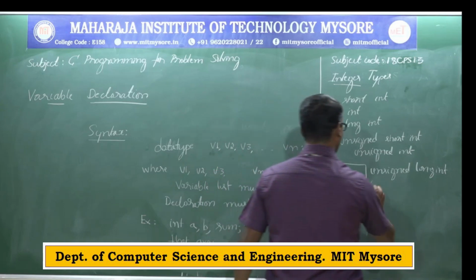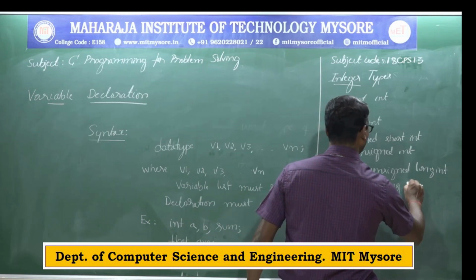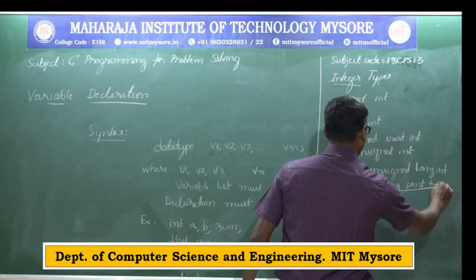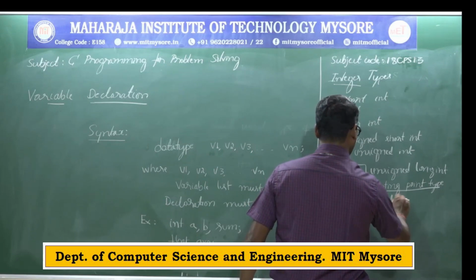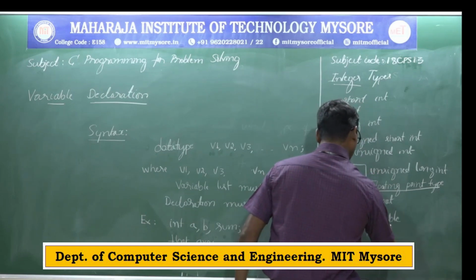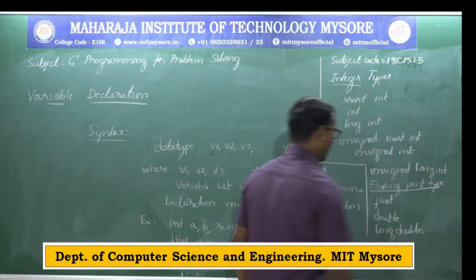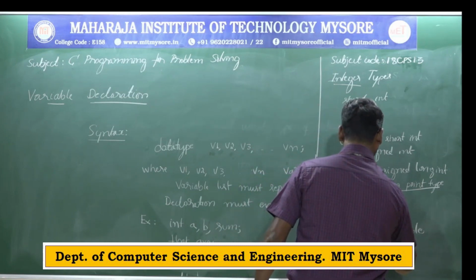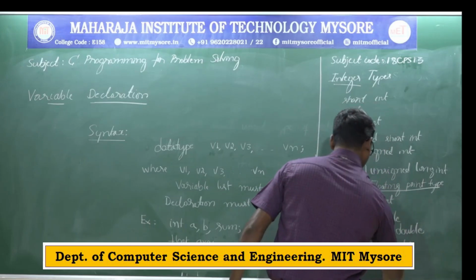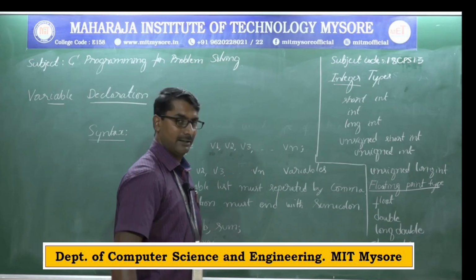Similarly, if you want to define floating point data types, we use the keywords float, double, long double. char is used for defining character variables.